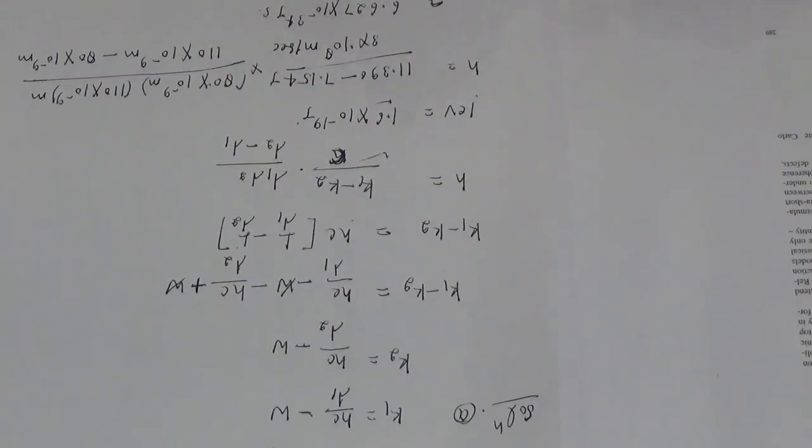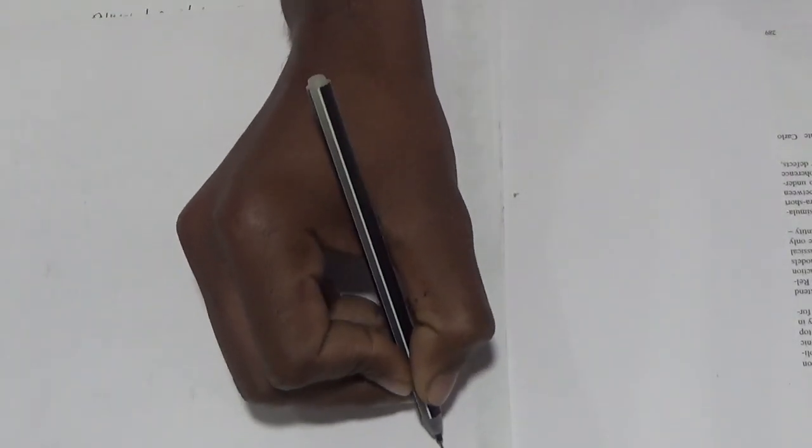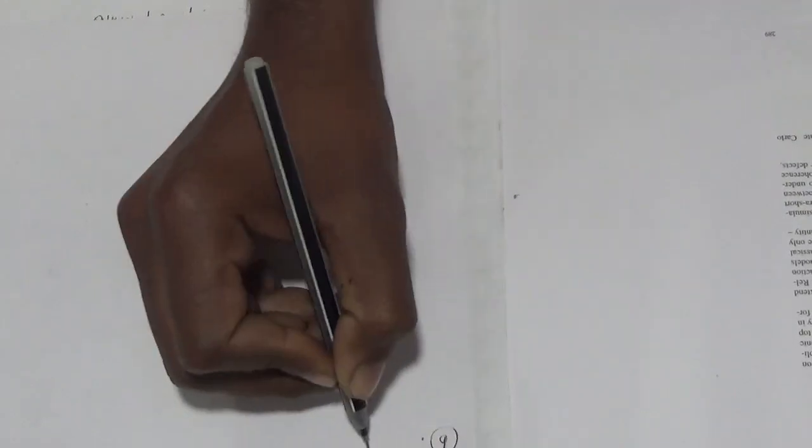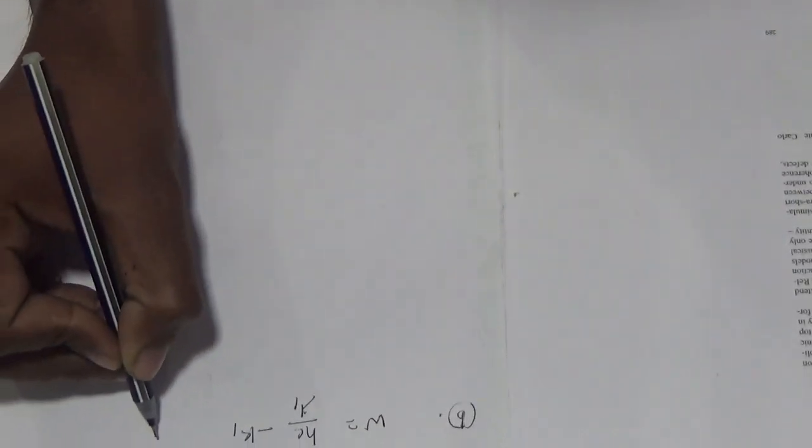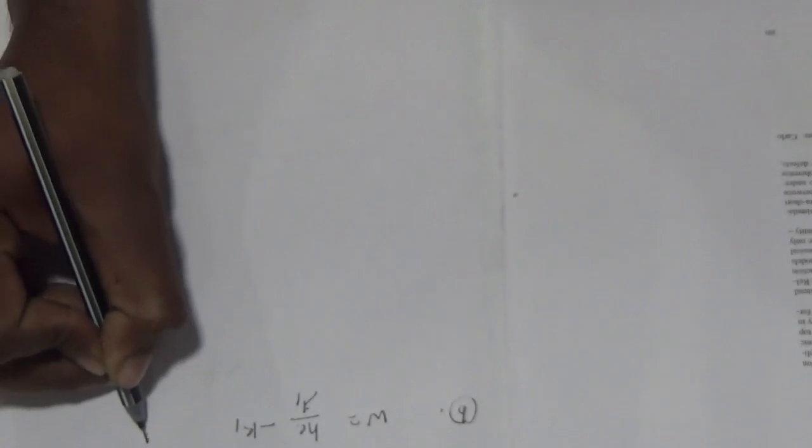Now friends, we will see the second part, part B. My formula is W is equal to hc by lambda 1 minus K1, or K1 is equal to hc by lambda 1 minus W. We can also use the formula W is equal to hc by lambda 2 minus K2.